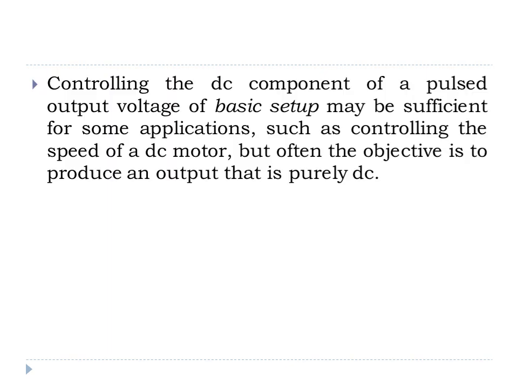So there is some issue with this basic circuit configuration of the buck converter, because this circuit can be used in some primary applications such as controlling the speed of a DC motor. The circuit is not sufficient when the objective is to produce a pure DC output.